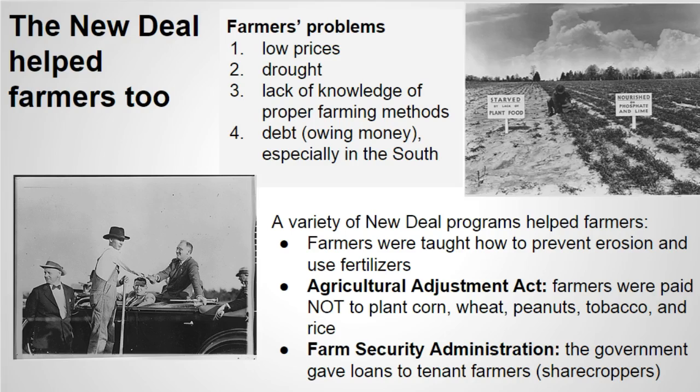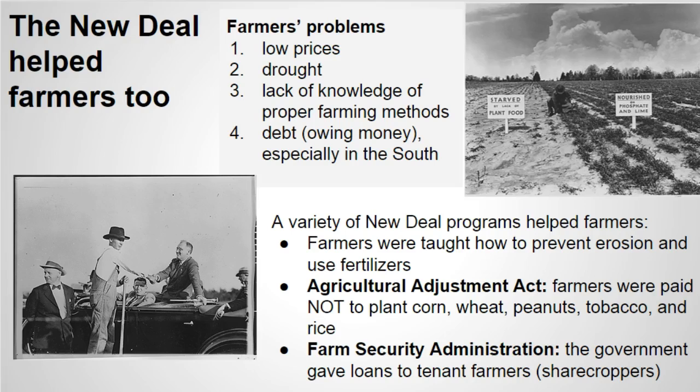The Agricultural Adjustment Act paid farmers not to plant corn, wheat, peanuts, tobacco, and other crops. By overplanting these crops, prices had gotten too low for farmers to stay in business. The government's solution was to pay farmers not to plant.